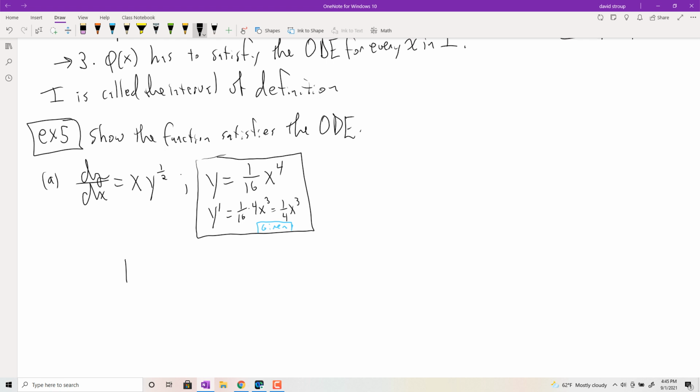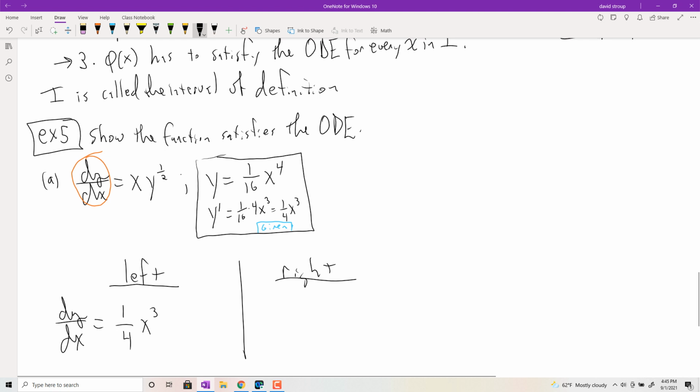Okay, so I have the left side. I'm starting on the left, so the left is circled in red, just this thing. Sometimes it's more complicated, not this time though. So I have dy over dx, and then I use the stuff in the box to rewrite it. Okay, so in this case, dy over dx from the box is 1/4 x cubed. Okay, so let's look at the other side.